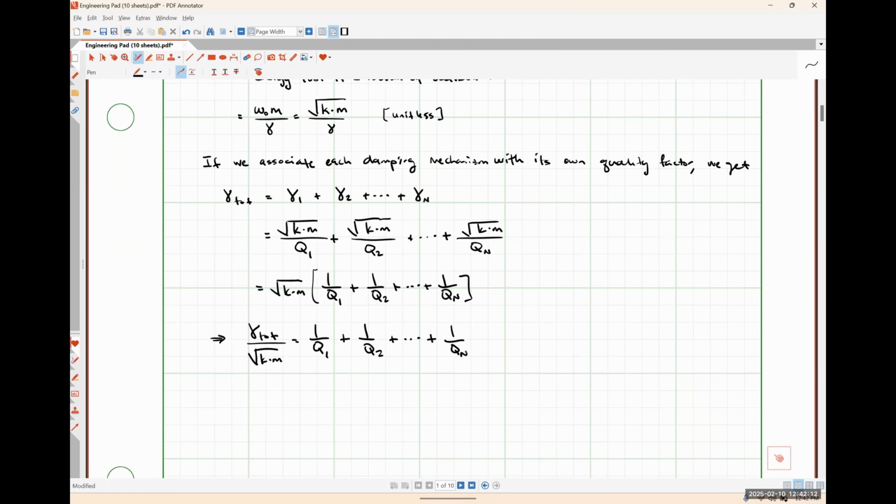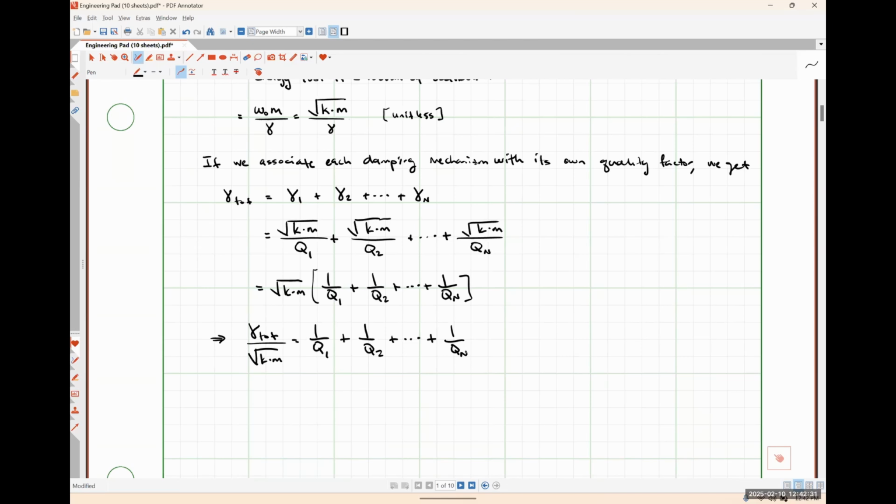So essentially, what I'm trying to get out here is that our overall quality factor is going to wind up being smaller than the smallest quality factor associated with any individual damping mechanism.